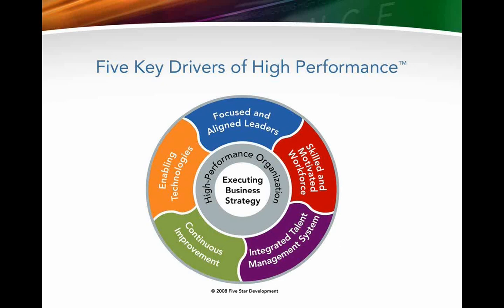So we have these 5 areas: focused and aligned leaders, a skilled and motivated workforce, an integrated talent management system, a culture of continuous improvement, and the ability to use technology in an enabling way. If we can understand where we are in each of these 5 dimensions and excel in them, we can have a high-performing organization, which can do a great job of executing our business strategy.